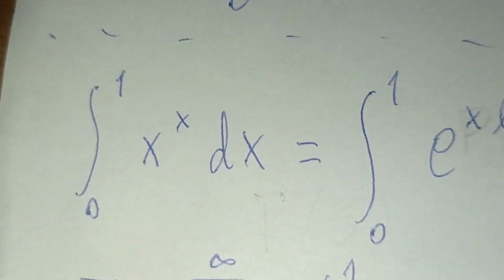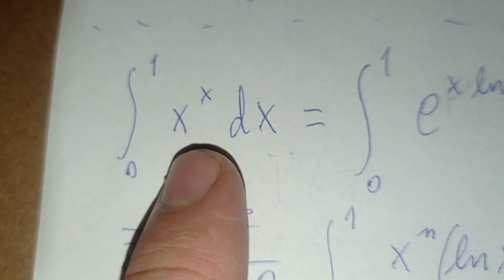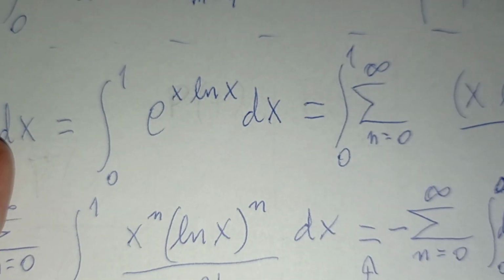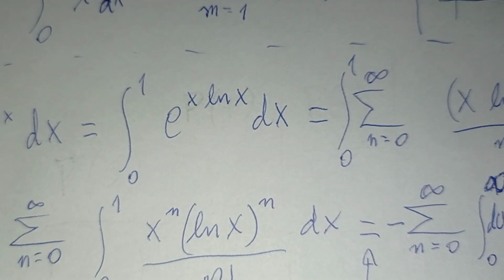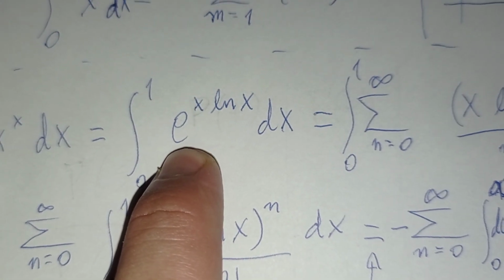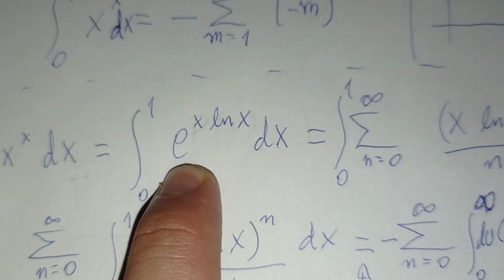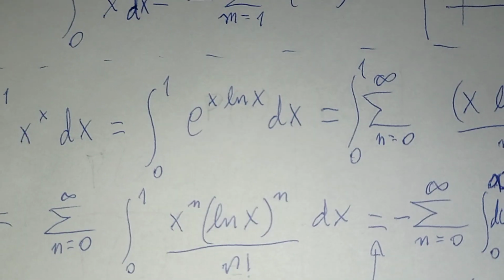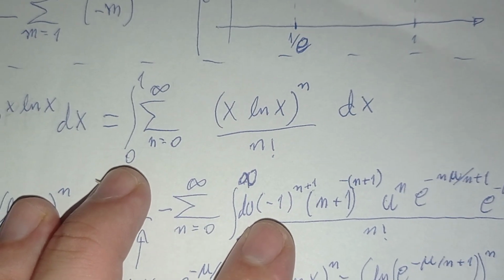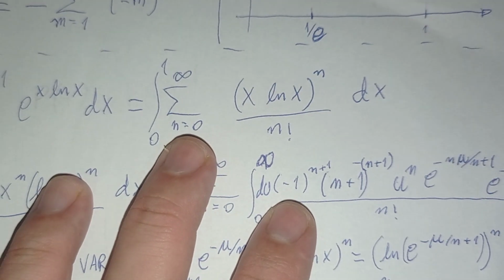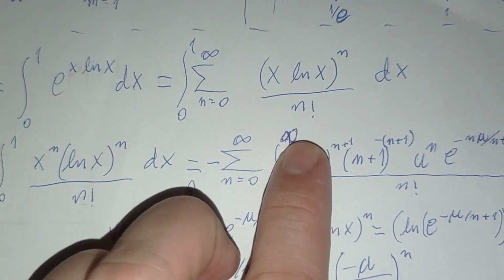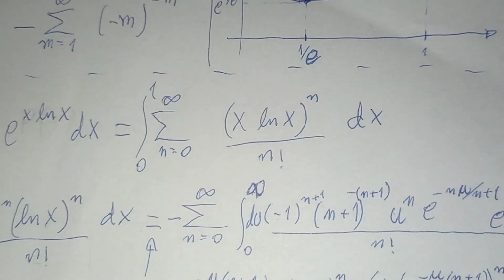So we have this. First thing we're gonna do is putting this x in the exponent together with the other x, so that we have e to x ln of x. Then we expand this in its infinite sum form, so that we have the integral from 0 to 1 of the sum from 0 to infinity of (x ln x) to the power of n divided by n factorial dx.